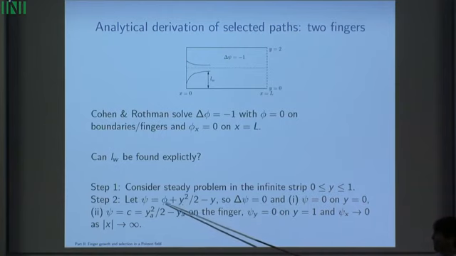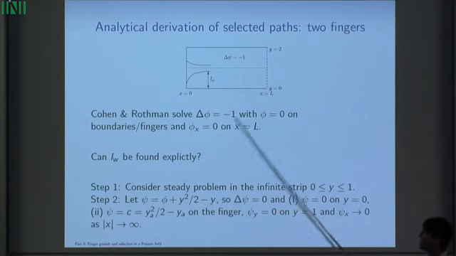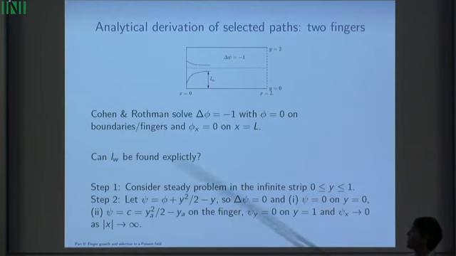To proceed, let's take care of this -1 by adding in this particular term and solve the harmonic problem for psi, with these boundary conditions. The only thing that really changes is that psi is now some constant on this finger, and that needs to be determined as part of the solution.